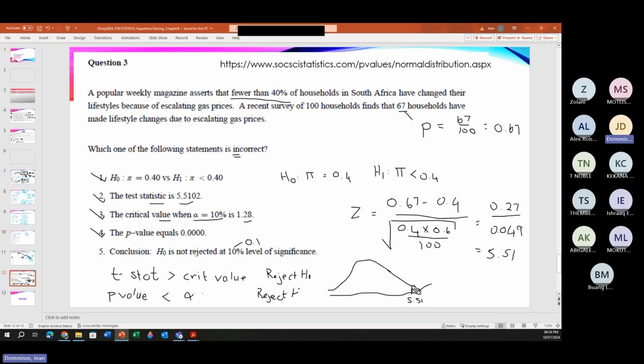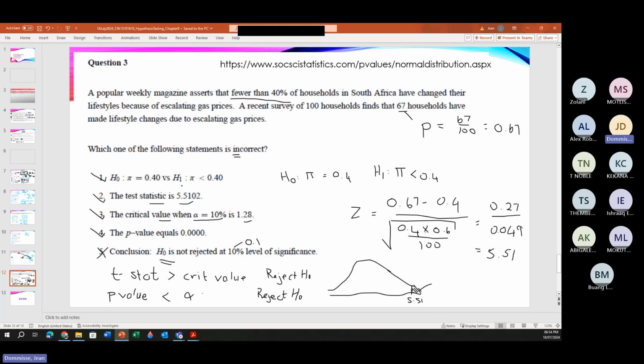Okay, so when the T-stat is bigger than critical, we reject. When your p-value is smaller than alpha, we reject. And that's why they say the null hypothesis is not rejected is the incorrect one, because we are rejecting the null hypothesis.